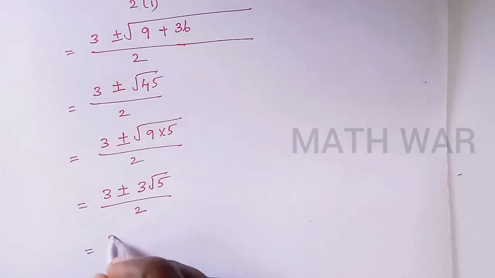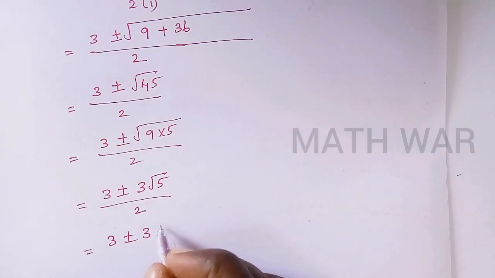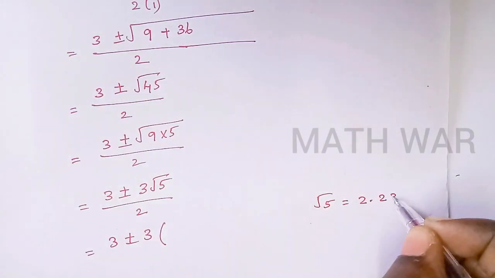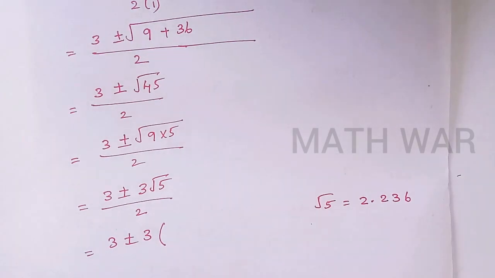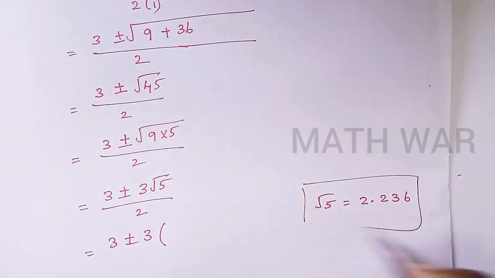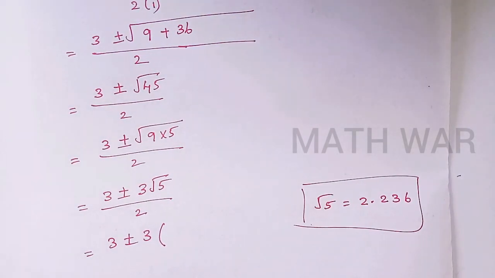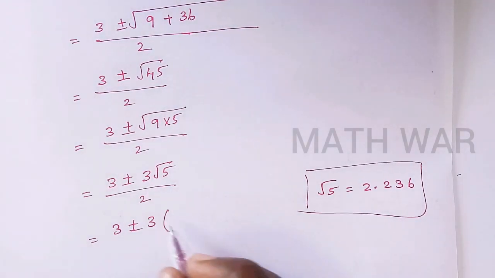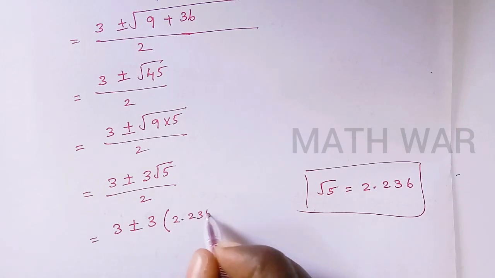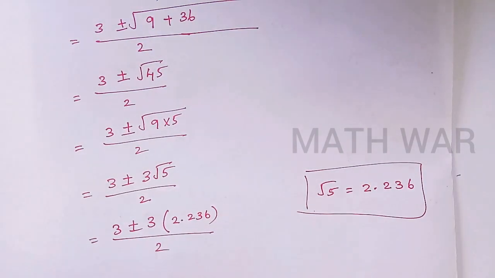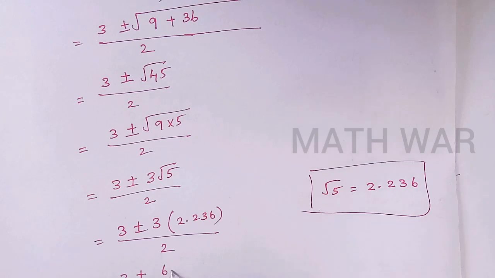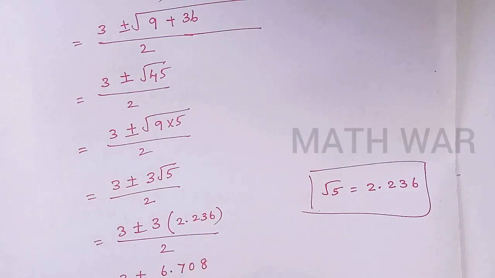That is equal to 3 plus or minus 3 into square root of 5, whose value is 2.236, by 2. You must bring this either from the logarithm book, or by calculating yourself. So that is 3 plus or minus 3 into 2.236, which is 6.708, by 2.